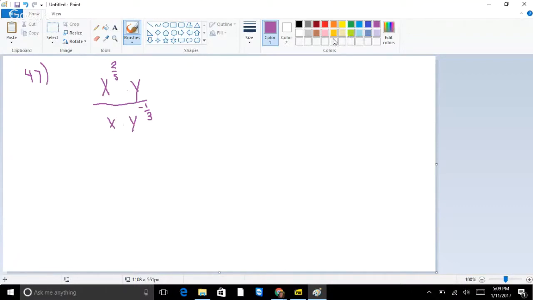So we can still group this problem into two sections. One is that we're going to simplify the x's because those are our like terms. And the other is that we're going to simplify the y's. Okay, so we have x to the 2/5 divided by x. So we're going to use our quotient powers to be able to solve this, right?